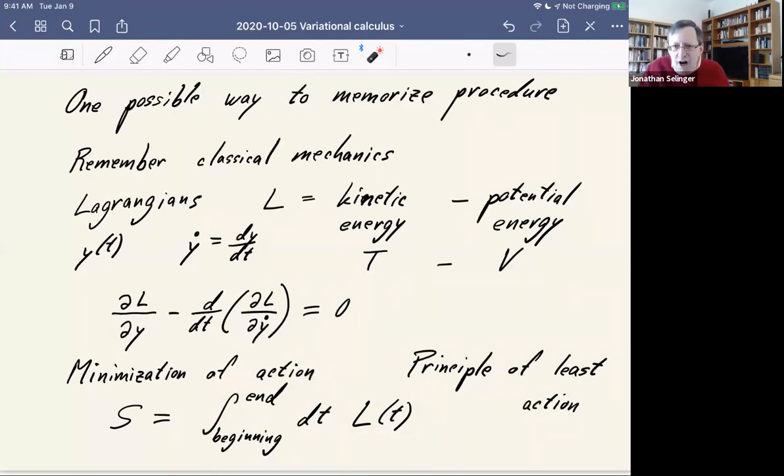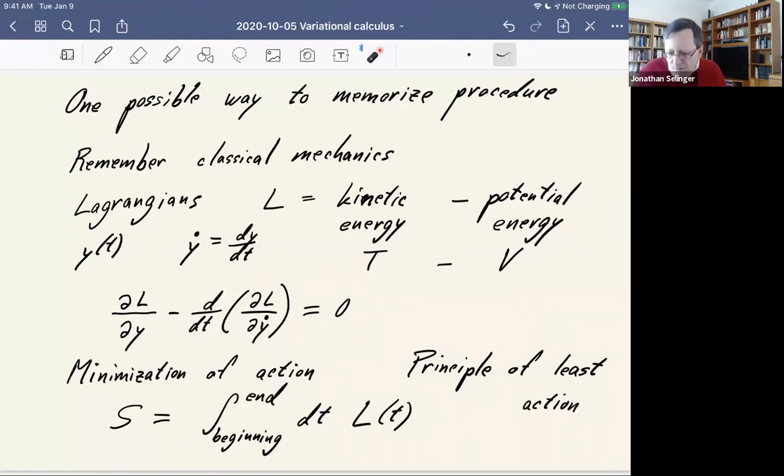And if you want to minimize this using the methods that I have shown you, you get this equation, where this is the easy piece and this is the harder piece that requires integration by parts. And this then turns into an equation which is possibly familiar to you from a classical mechanics course.